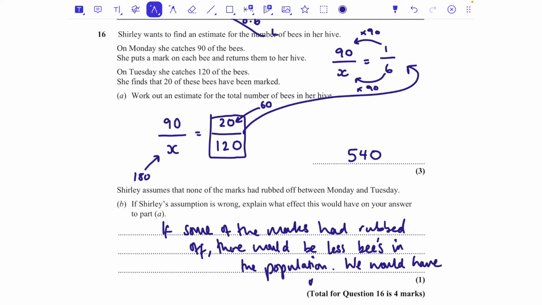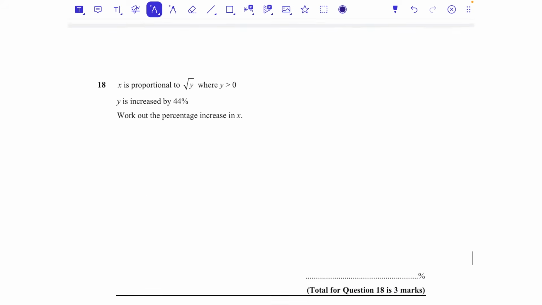Hopefully that makes sense. So I find it easier to pick a number that makes sense. Pick a number that it could be instead, and then work it out again. That makes more sense to me. And then I can think about which way it's going. So if some of the marks had rubbed off, there'd be less bees in the population, and we would have overestimated our answer. Fabulous. Question number 18.